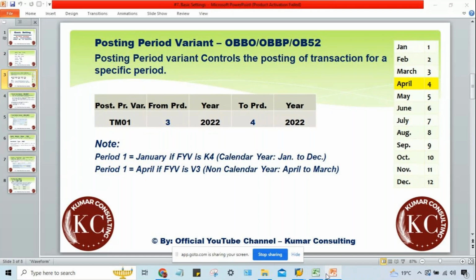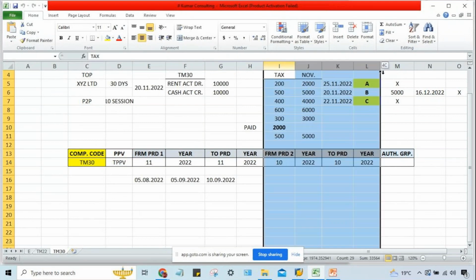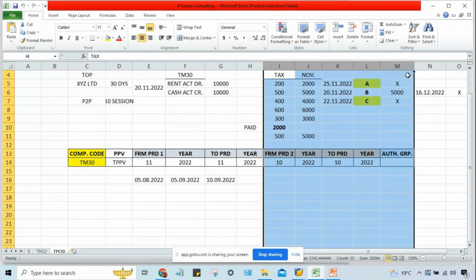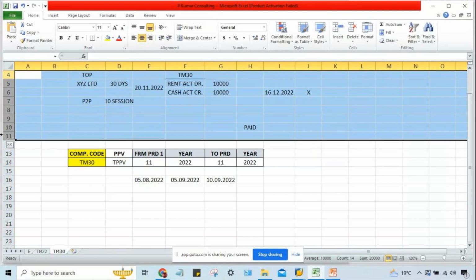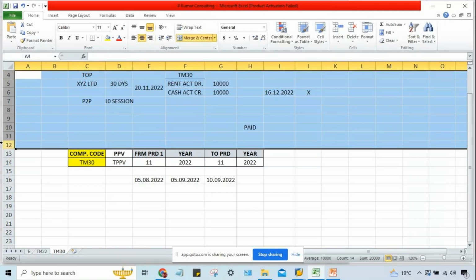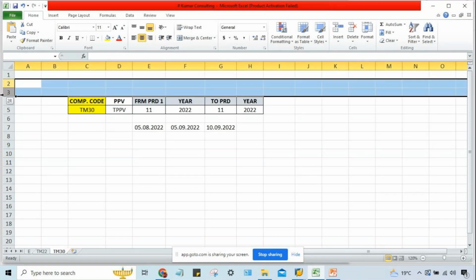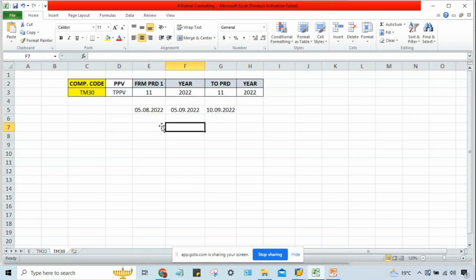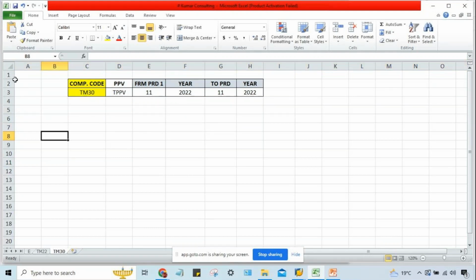So here, if you open this 11 to 11, now I'll just do one thing. Remove this text. I'll make it simple. So this is what we have seen in posting period.